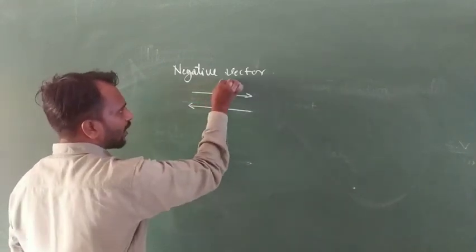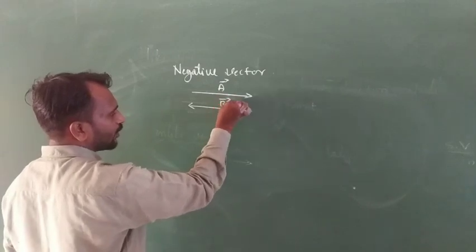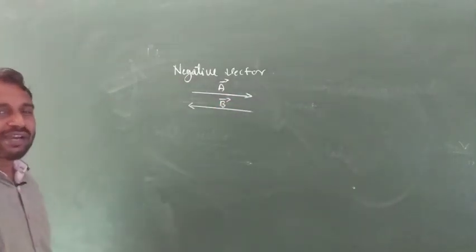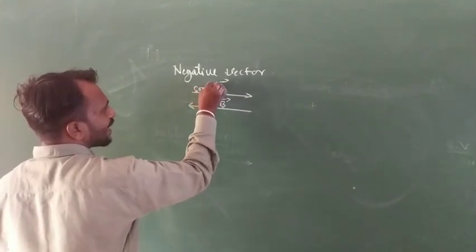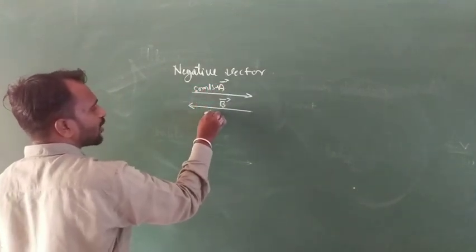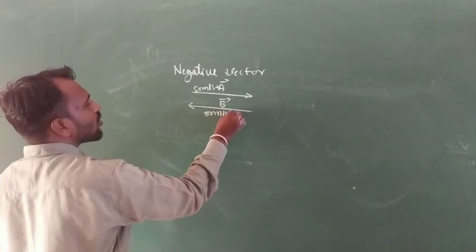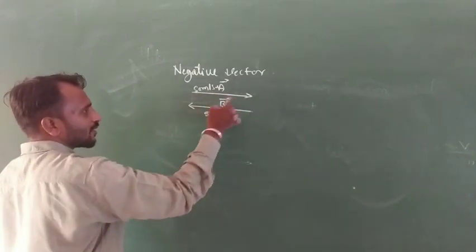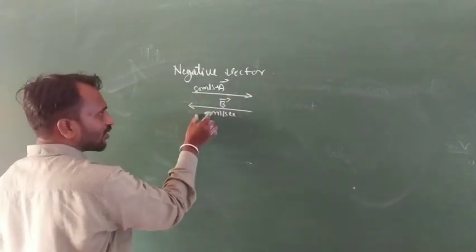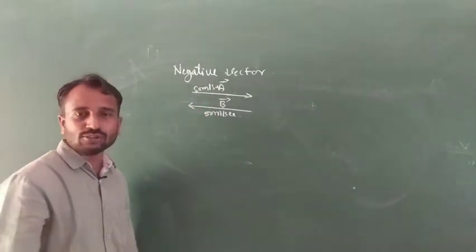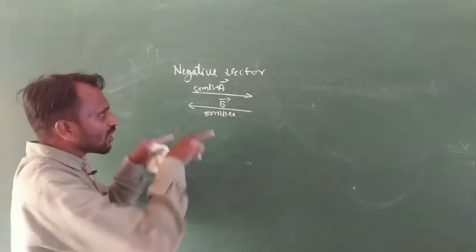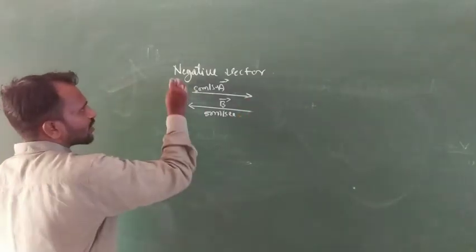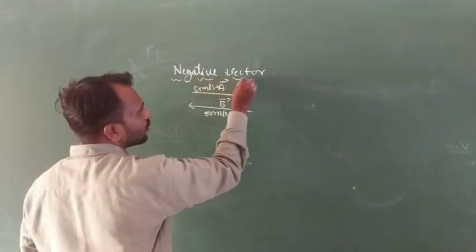Vector A and vector B are both parallel to each other and both have the same magnitude. For example, this one is 50 meter per second and this one is also 50 meter per second, but the direction of these vectors changes. Both have the same physical quantity and the same magnitude, but they represent different directions. So that's when we consider negative vectors.